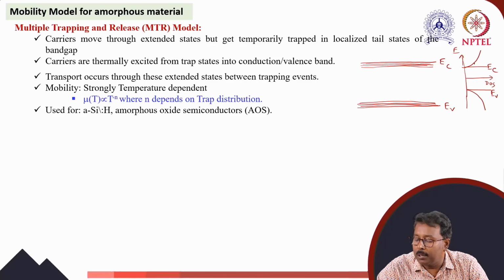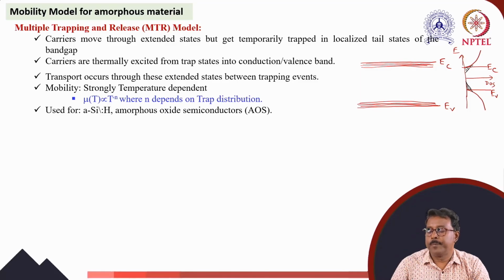So here instead of these you can get this type of states. So these are called tail states or band tail states. This represents the density of states, closely spaced states near the conduction band and near the valence band.